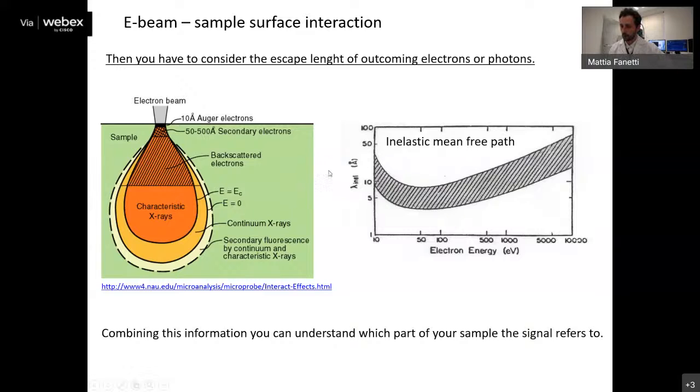In this range of energy, the inelastic mean free path is less than 1 nanometer. This is in angstrom. Okay, so they can travel really a small distance inside the sample before being absorbed. Okay, so they will not reach the detector if they are generated here, but only if they are generated, let's say, here.